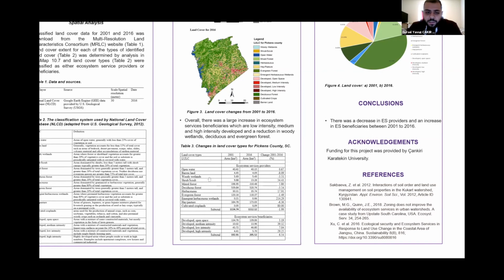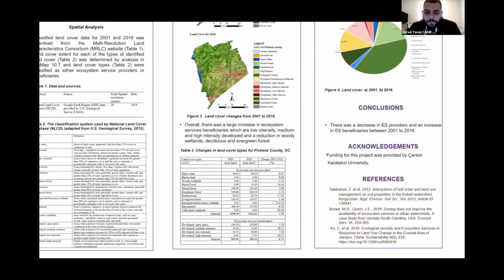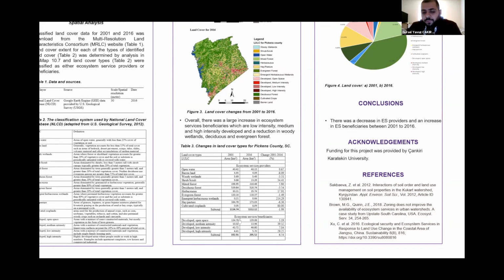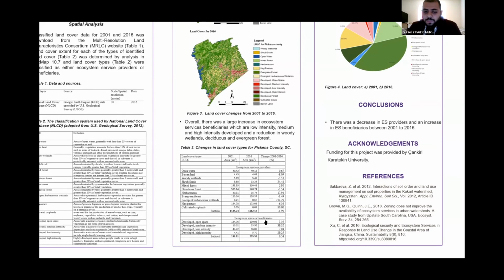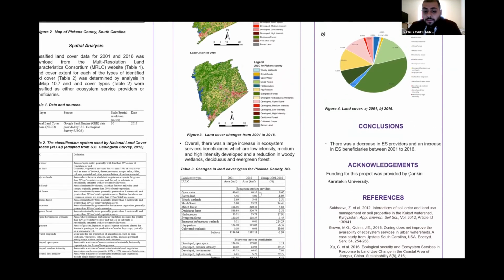Actually, when we look at the ecosystem service providers, that is decreasing about 2%. And when we look at the ecosystem service beneficiaries, it is increasing about 7%. It means that inside this forest and in other types is increasing, and beneficiaries is increasing.